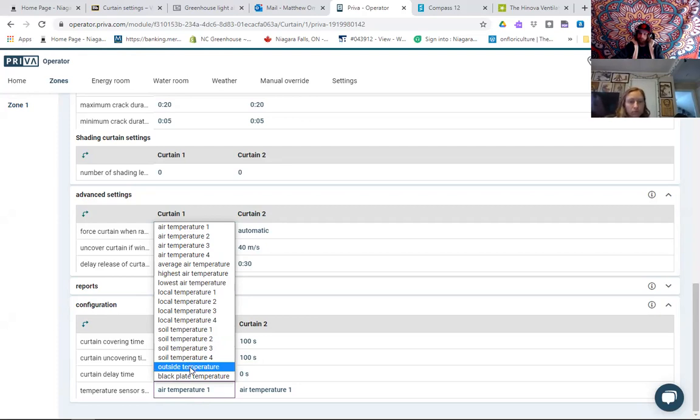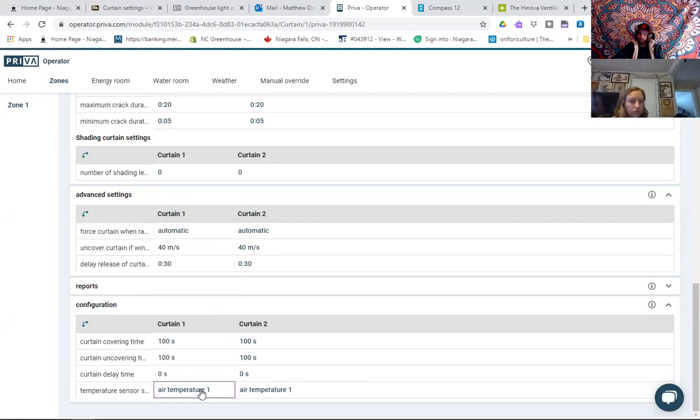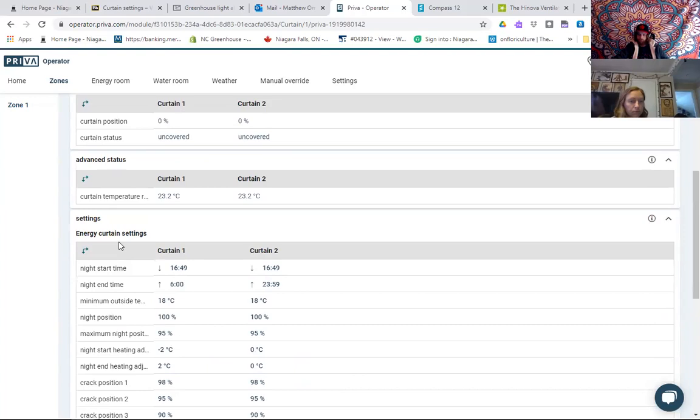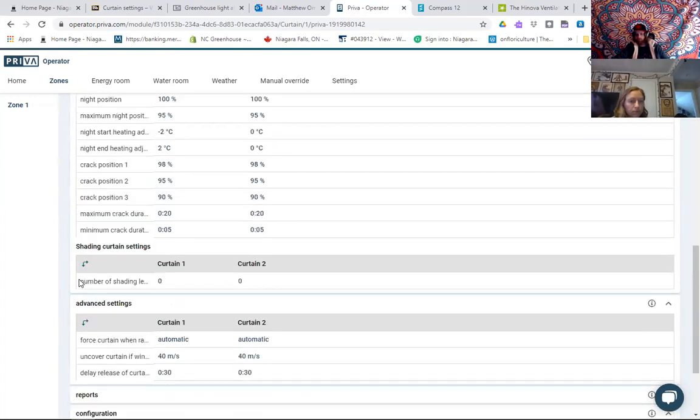Or outside temperature, for some reason you might want the outside temperature to dictate what your curtains are doing. Most greenhouses will be defaulted to the bird boxes, those aspirated screens, the dry bulb temperature. So that is your curtain settings. Nothing special there, nothing out of the ordinary.